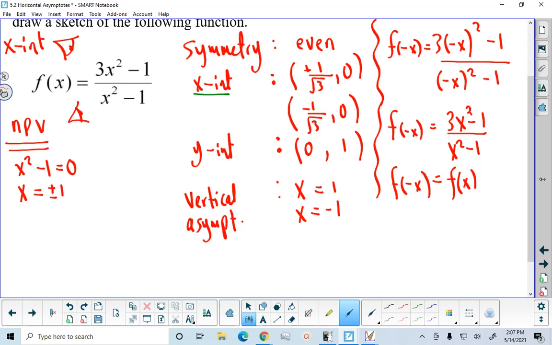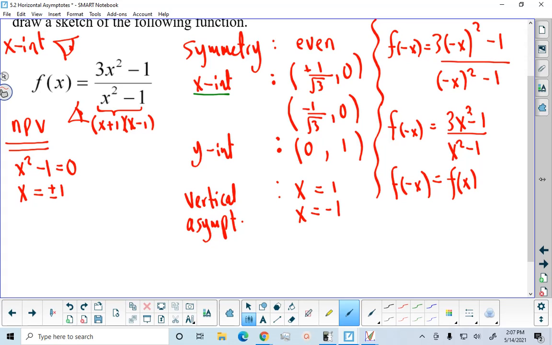You can move the 1 over and go plus or minus the square root of it. Since the top is not factorable, but the bottom is, and I'll just squeeze this in here as x plus 1, x minus 1. Since these two factors on the bottom are not canceling with identical factors on the top, that means the non-permissible values correspond to vertical asymptotes. So there's no holes in this.